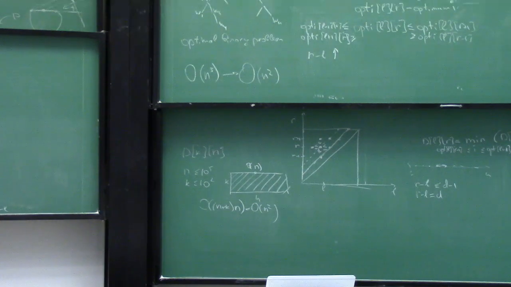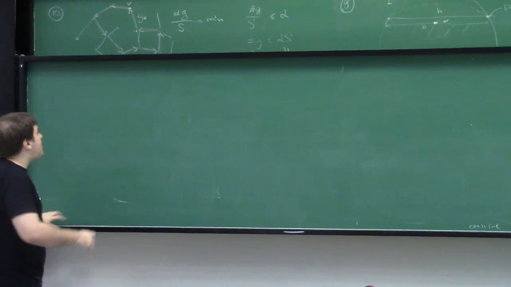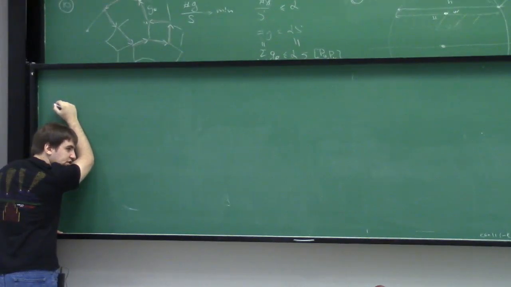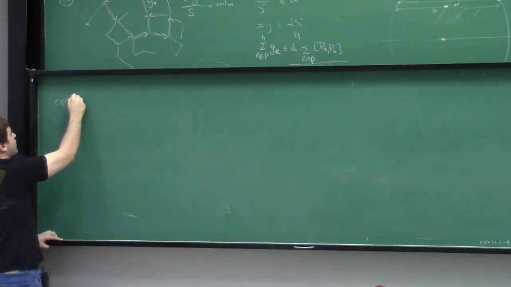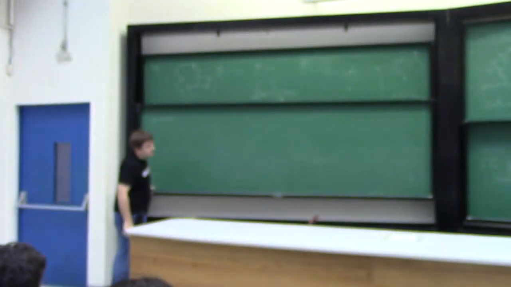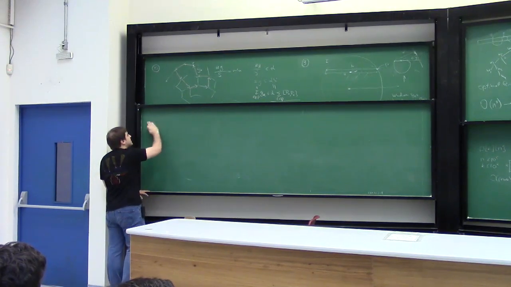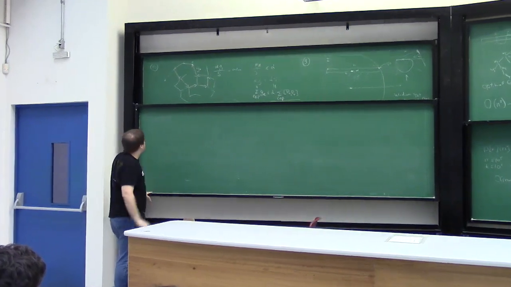And divide and conquer optimization allows you to do that. Suppose that you have a dp that satisfies the following criteria. Opt kn is... let's start from an example. The example is what is written in your paper.